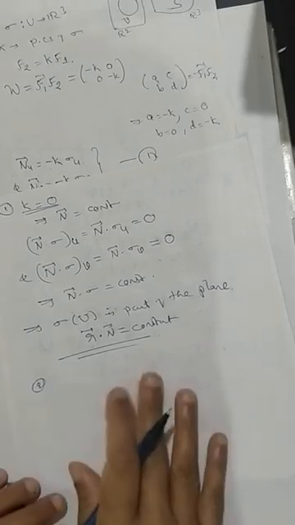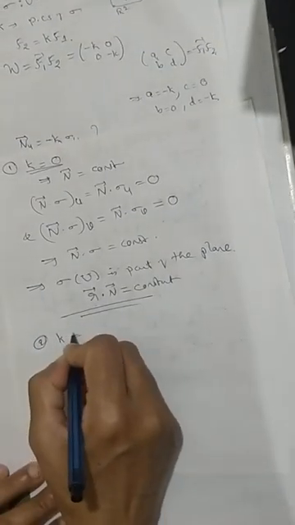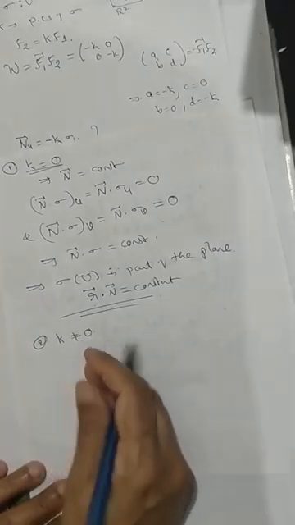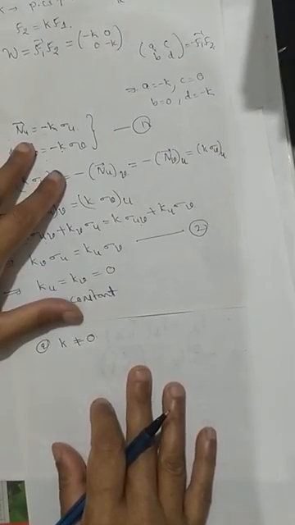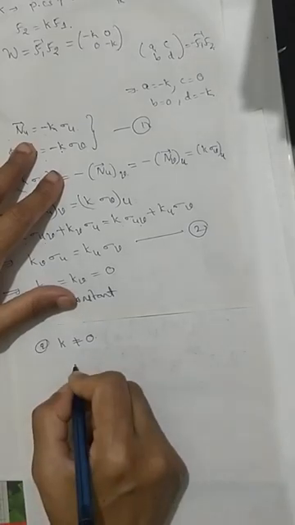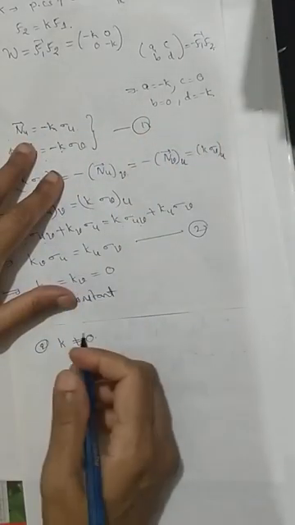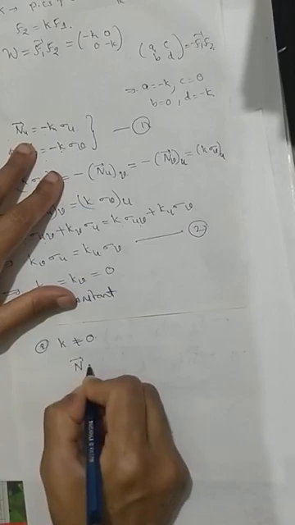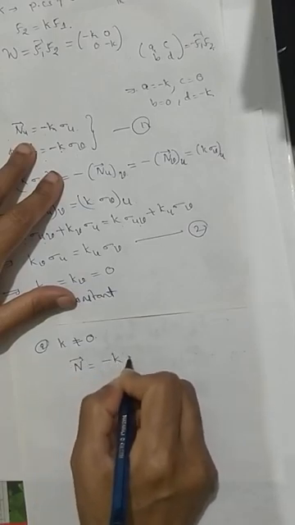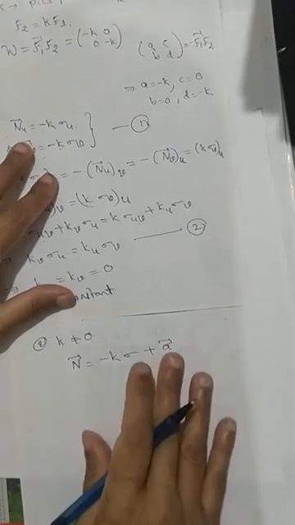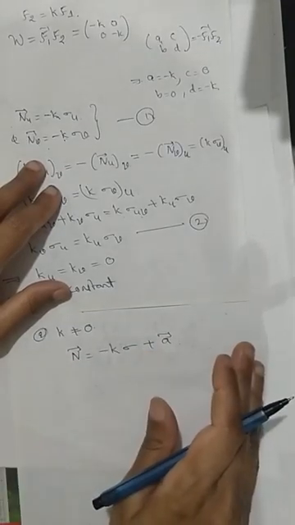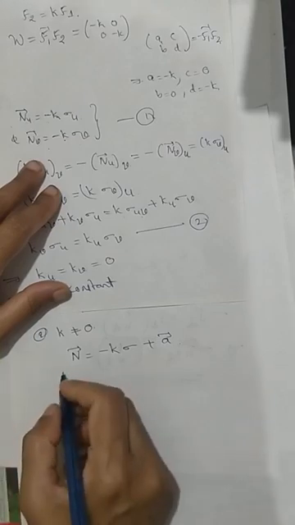Now let us consider the second case where k is a constant but not equal to 0. In this case consider statement 1. From statement 1, integrate it with respect to u. So I have n equal to minus k sigma plus a, where a is a constant vector. Divide throughout by k and take the norm.